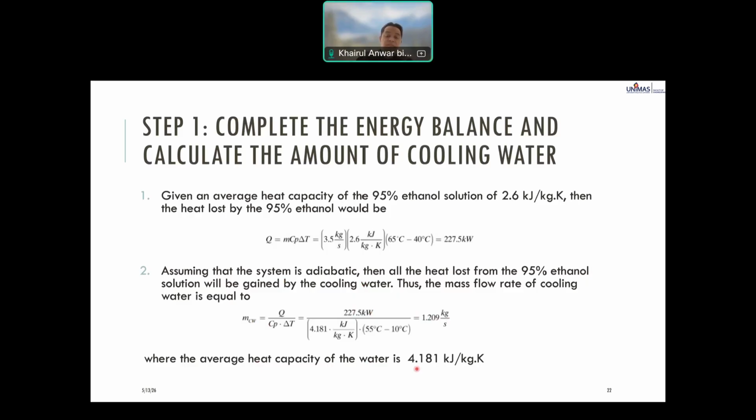In order to use the Q here, because this Q is for the ethanol but the calculation is for water, we need to assume the system is adiabatic, where all the heat loss from the 95% ethanol will be gained by the cooling water. That's why you can use Q here as a value for ethanol, because of the assumption of adiabatic.